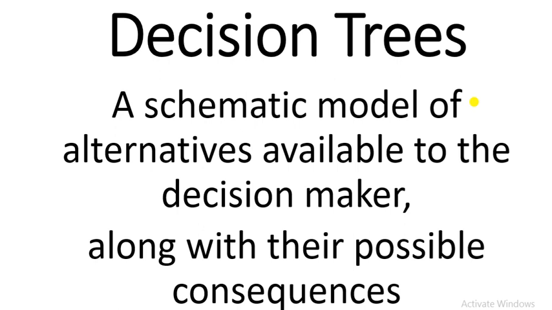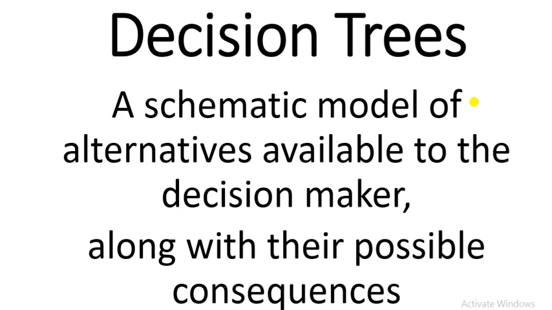It means that it is a diagram depicting the different alternatives which a manager can have, and in this diagram you are making it easier for the decision maker to calculate the payoffs of each event, and based on those calculations we try to make our decision.